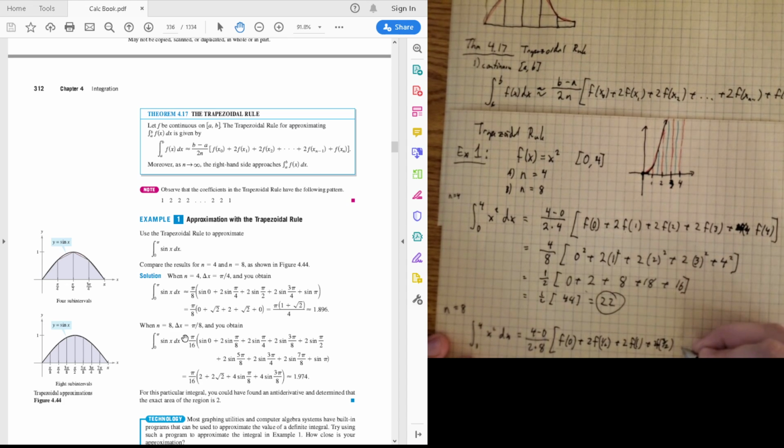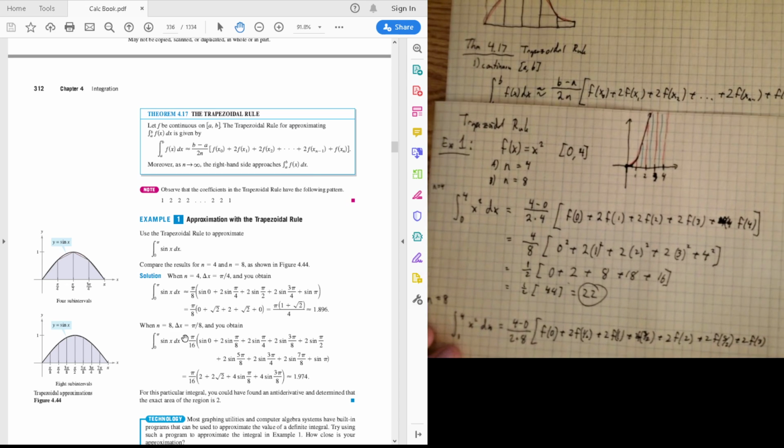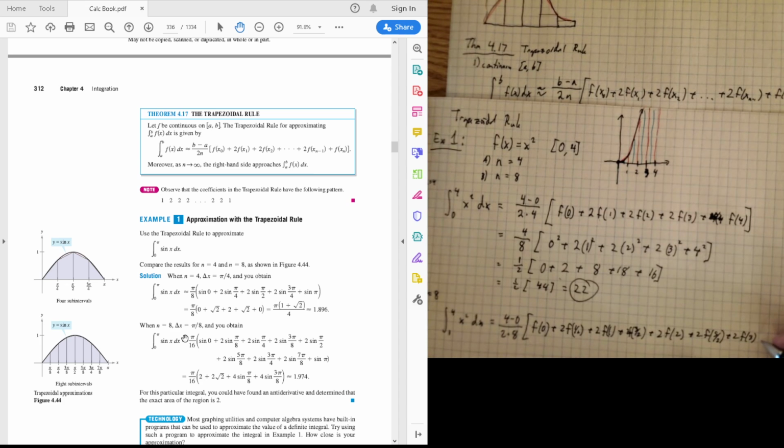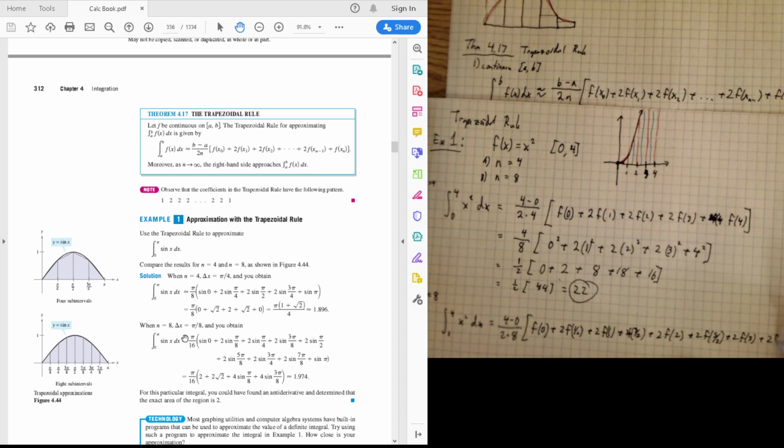I'll drop my f's. Plus 2 f of 2 plus 2 f of 5/2 plus 2 f of 3. I'm running out of paper here. Plus 2 f of 7/2 plus f of 4.